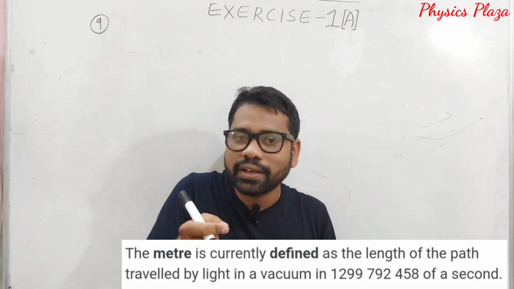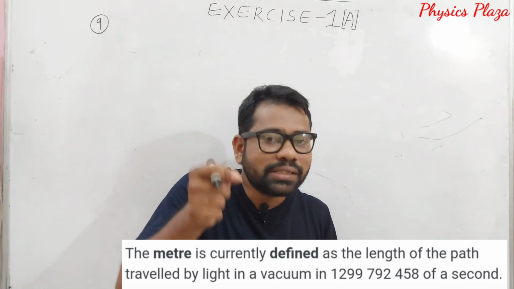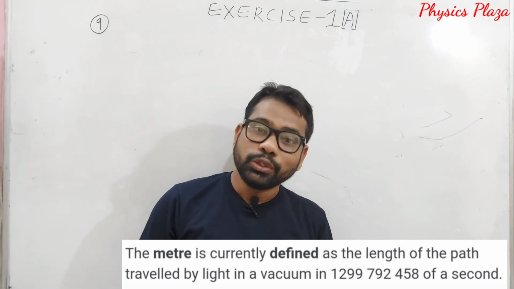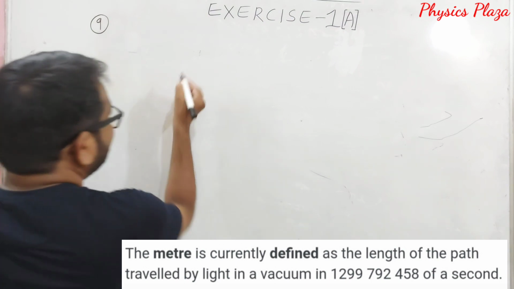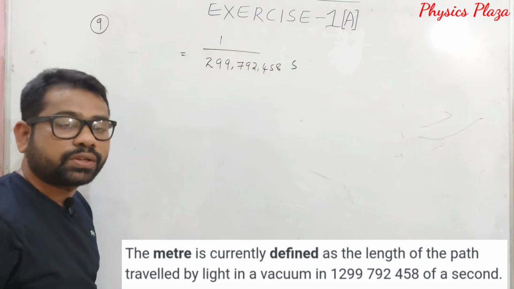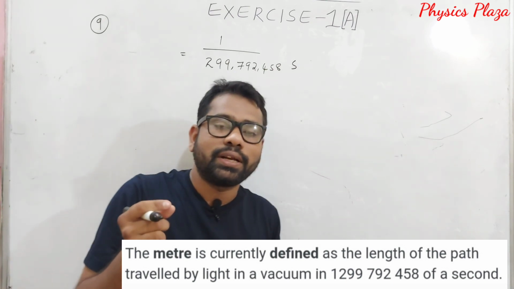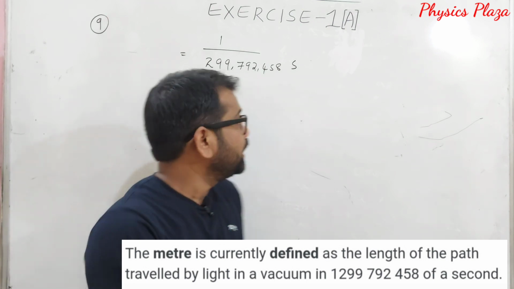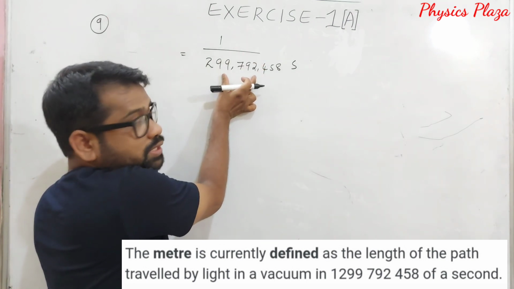So how can we define it? The meter is defined as the distance traveled by light through a vacuum in 1 by a certain fraction of a second. So what is a meter? The length of the path traveled by light in that very small time.